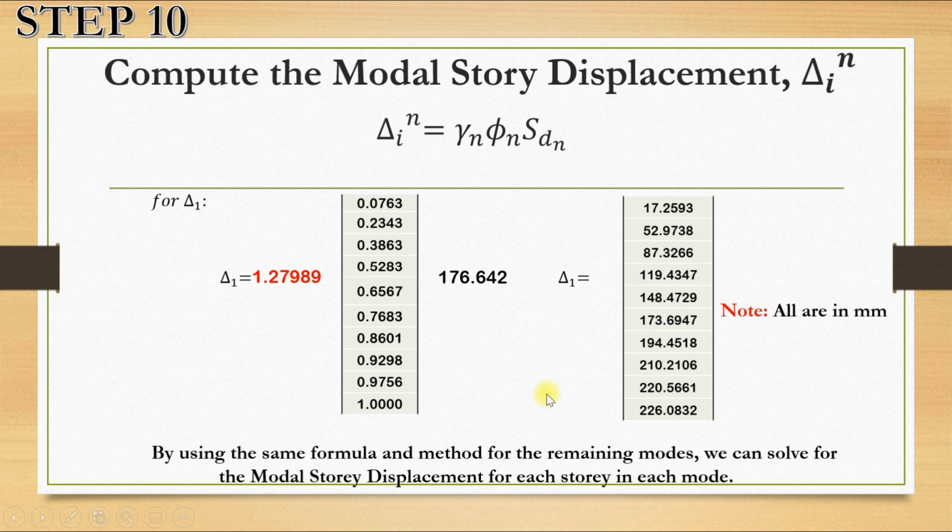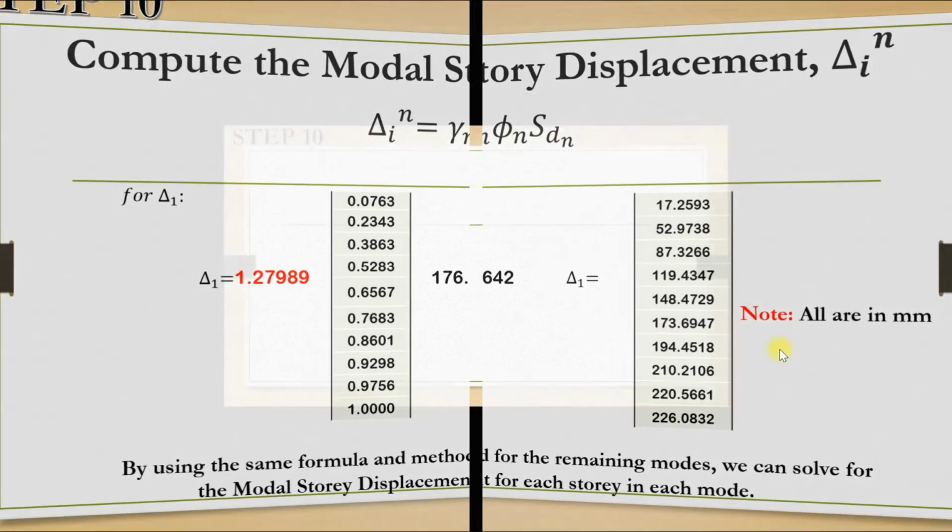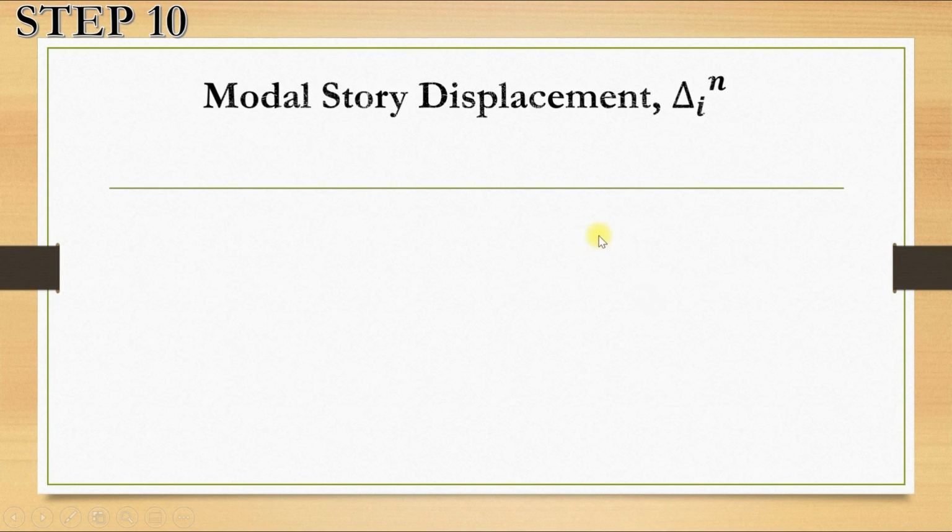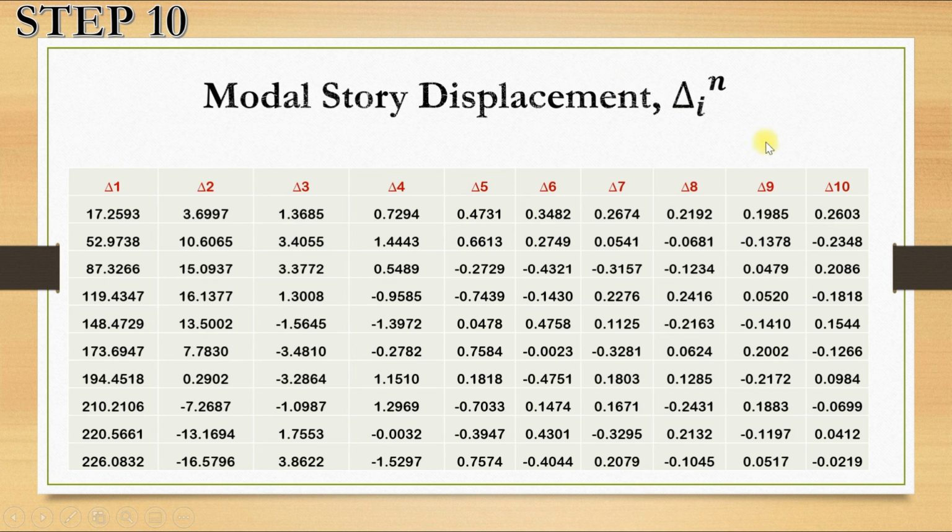So, kung i-apply natin yung same formula and method para doon sa iba pang modes, we can solve for the modal story displacement for each story in each mode. So, ito na yung magiging value kung susundan natin yung formula at saka method na ginamit natin for delta 1. So, ito yung magiging value ng delta 2 hanggang delta 10. So, ito na yun.